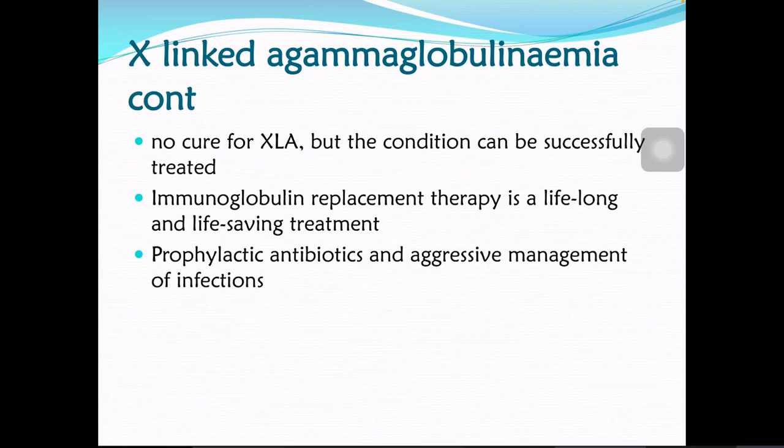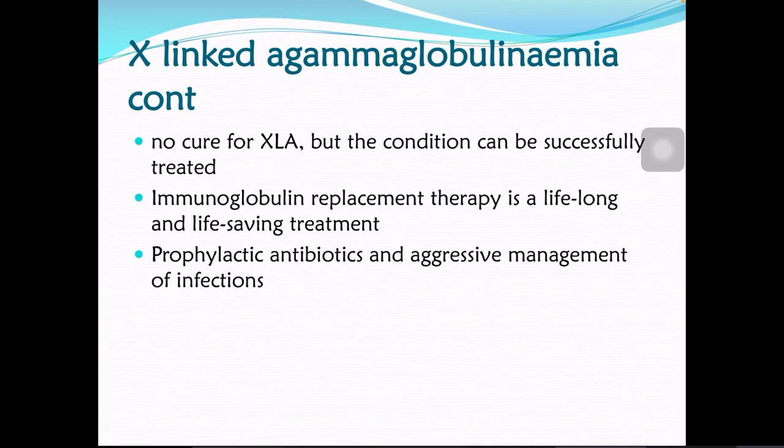So what happens to these patients? They can usually be treated successfully if you treat them aggressively. Once you've made a diagnosis, you have to start them on immunoglobulin replacement therapy, which is usually going to be lifelong, and not only that, it will be life-saving.